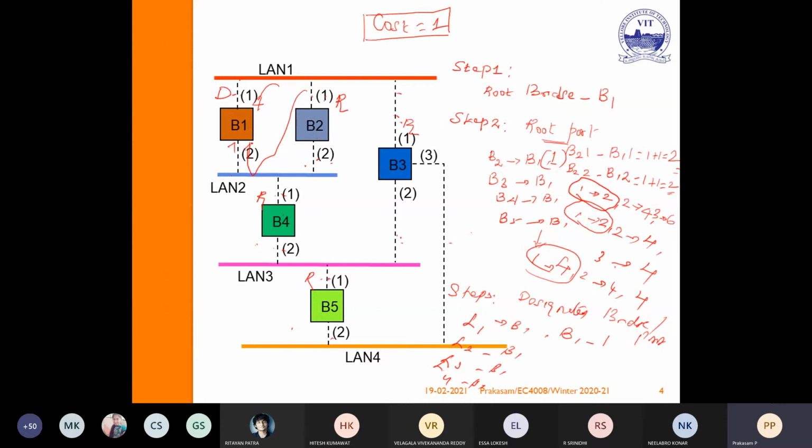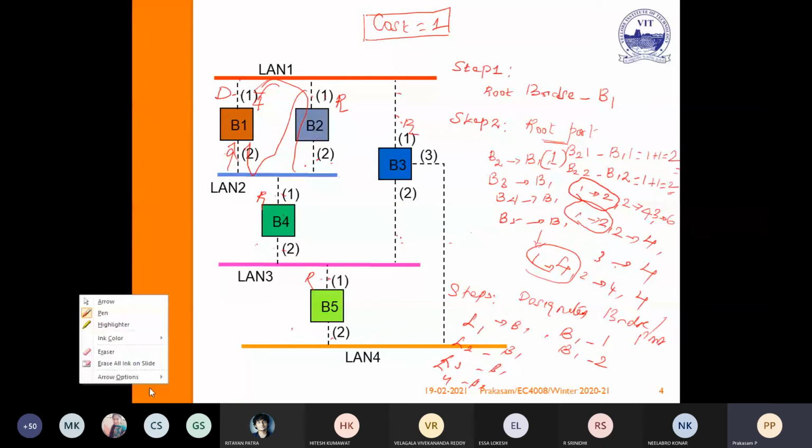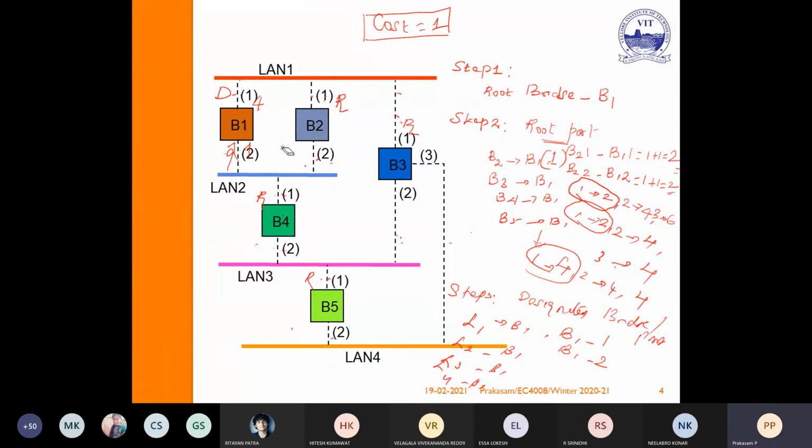is the designated bridge and port. For LAN 2 to B1, this is one path, this is another path. So cost here 1, here 1, 1, 1. So 3. So always, for LAN 2 to B1, port 2 is the designated port. So I am marking the designated port here.